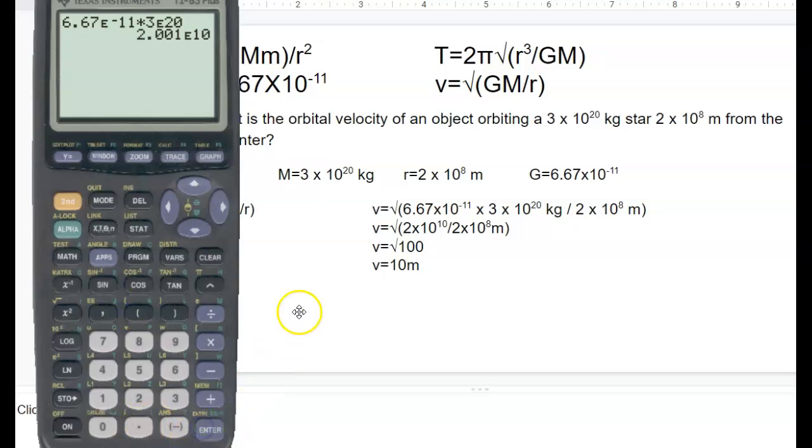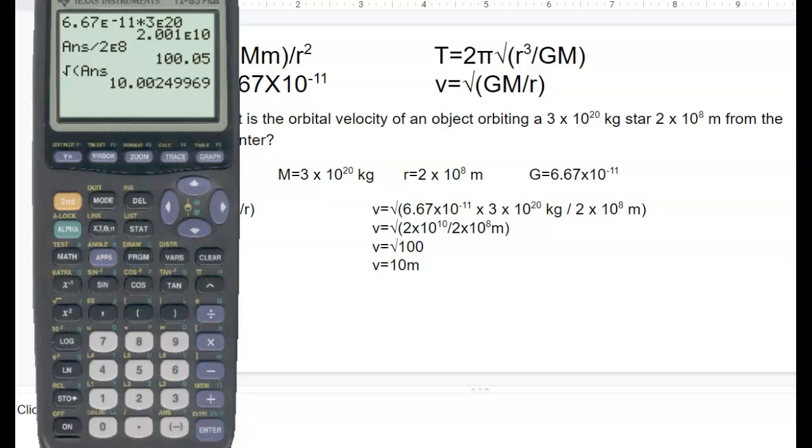And that gets me 2 times 10 to the 10th. Now I'm going to divide that by 2 times 10 to the 8th, which gets me 100. So I'm going to take the square root of 100. And I get 10 meters per second. Okay, so that's number 3.